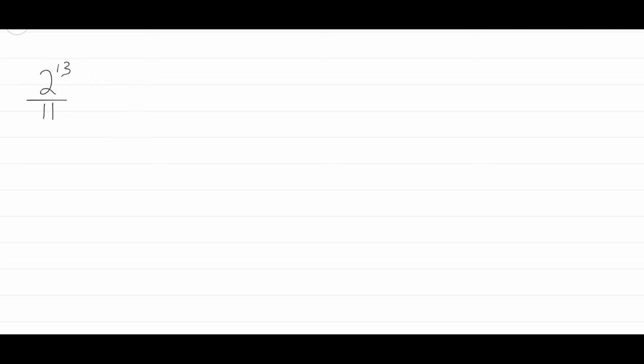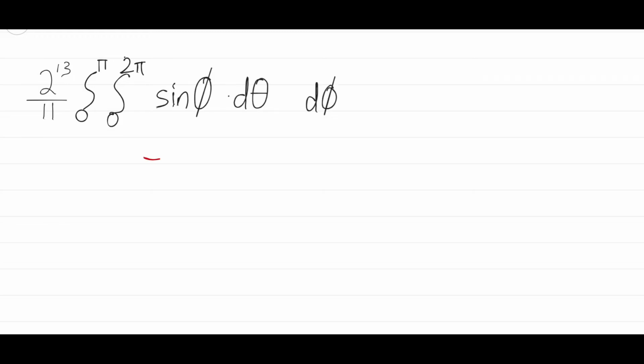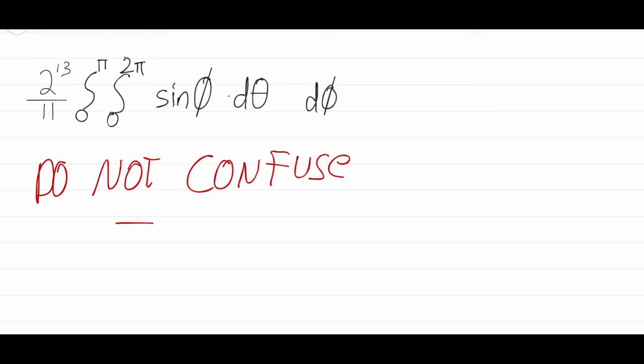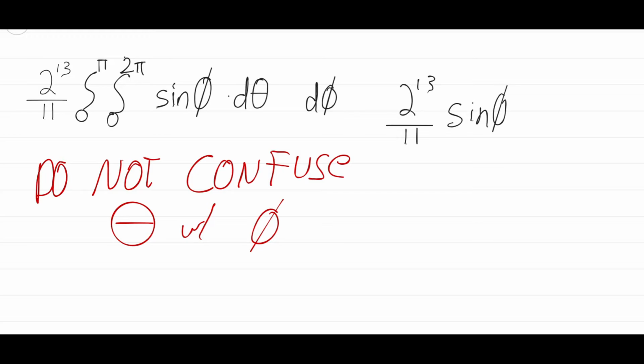So how we're going to integrate with respect to theta. We know the bounds are from 0 to 2 pi for theta, and we know the inner bound is sine phi d theta. So I'm going to leave a big red note right here. Do not confuse theta with phi.